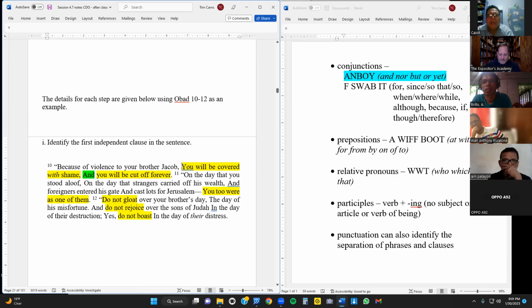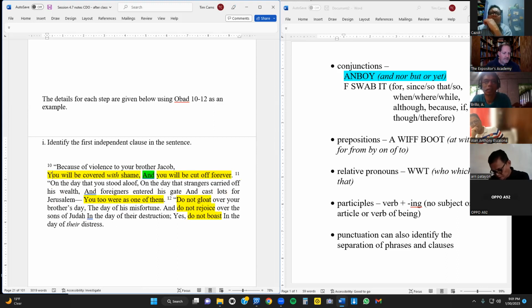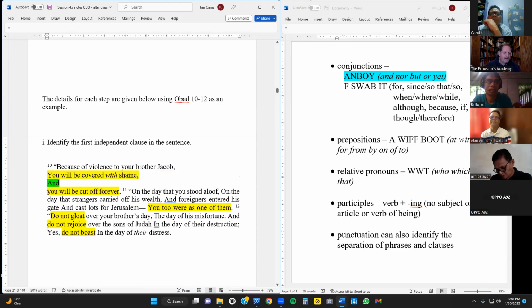You're right. So you diagram it like this. You will be covered with shame and you will be cut off forever. And then "because of" is why. Because of violence to your brother Jacob. That's modifying "will be covered." It's saying why you will be covered.